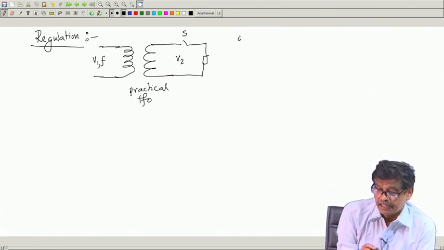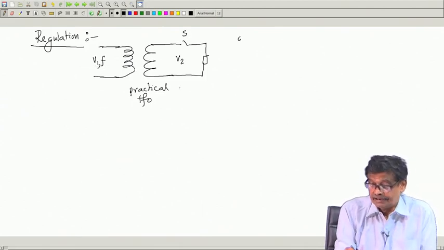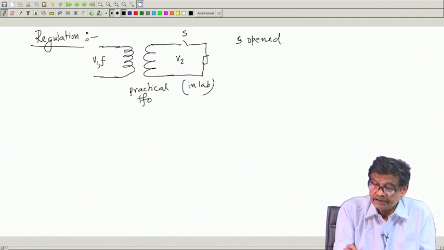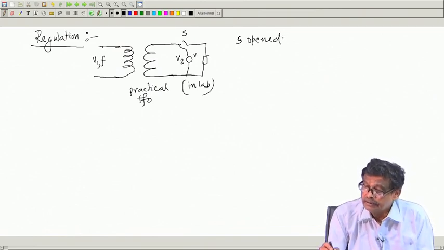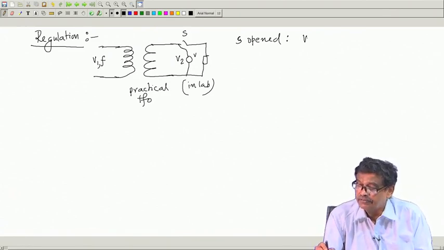What you do, you apply rated voltage at rated frequency. In practice, in lab, you have energized with rated voltage and frequency. With S open, measure this voltmeter reading. You connect a voltmeter here. With S opened, this voltmeter reading, whatever you will get, I call it V20.